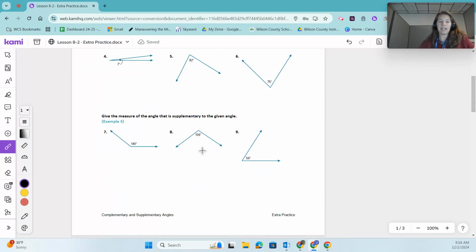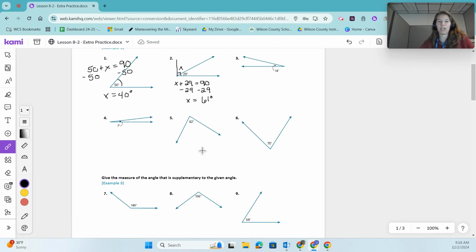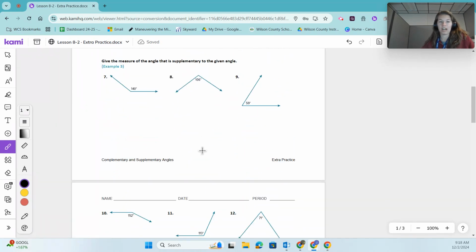Now, the next examples we're going to look at are supplementary angles. Supplementary angles, remember, equal 180. That means we're looking at straight lines here. So I'm looking for this spot right there. For this one, using the same one-step equation, our equals is going to be 180 instead of 90.